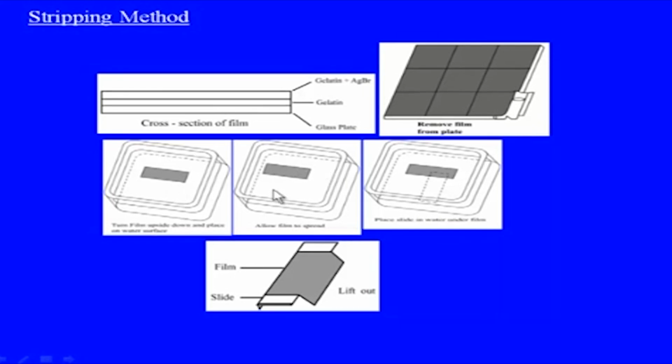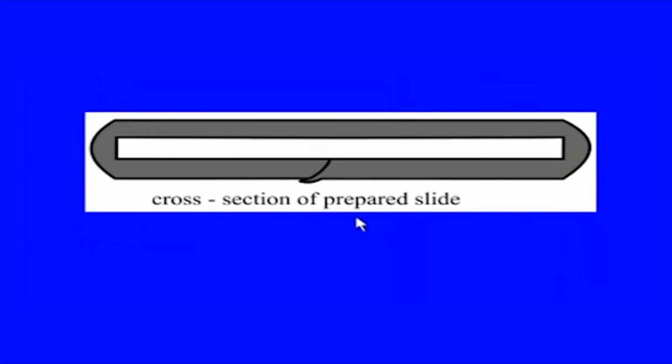Then as it spreads out, a slide with the sample is taken and put under the film and lifted, as seen here. The film wraps around the slide, and the slide contains the sample under this stripping film. Finally, you get an adhering film trapped around the glass slide, and this can be utilized for developing the autoradiography image. So, that is how the three kinds of emulsions are utilized.